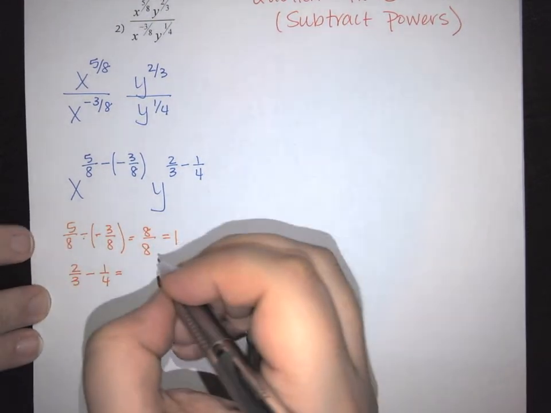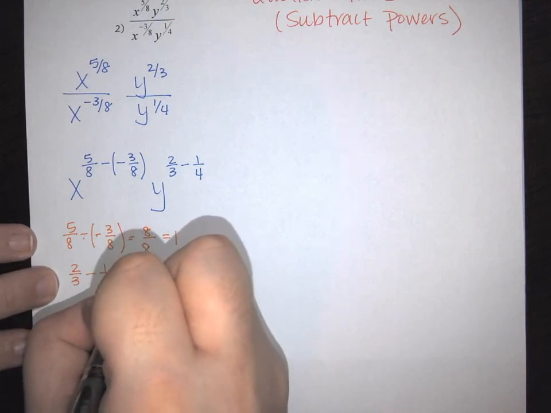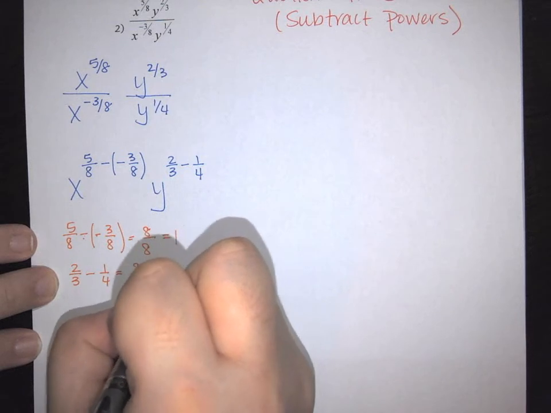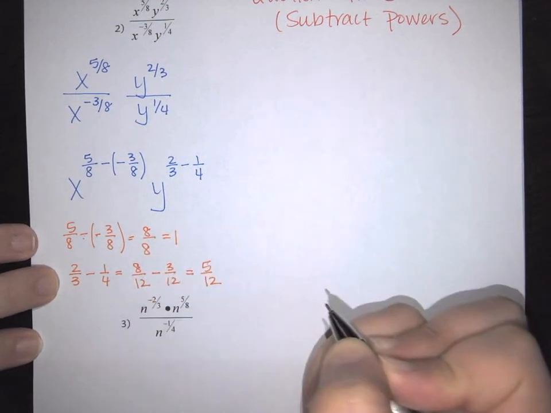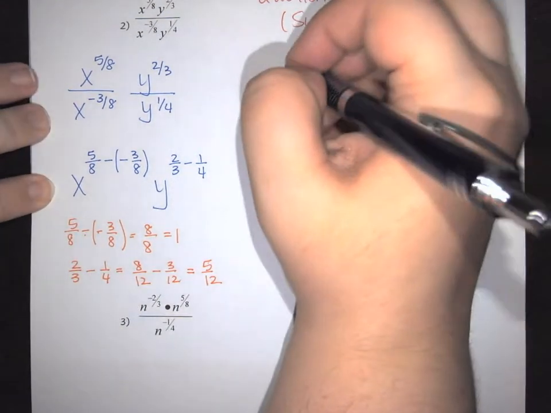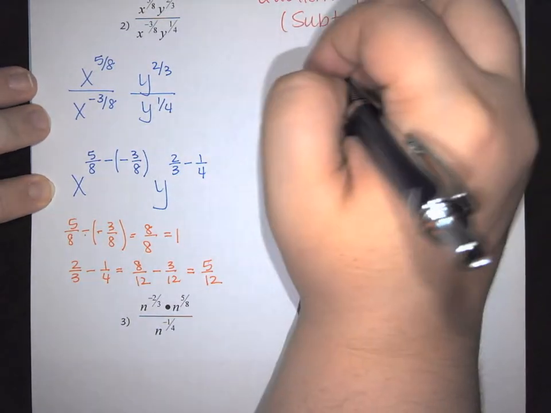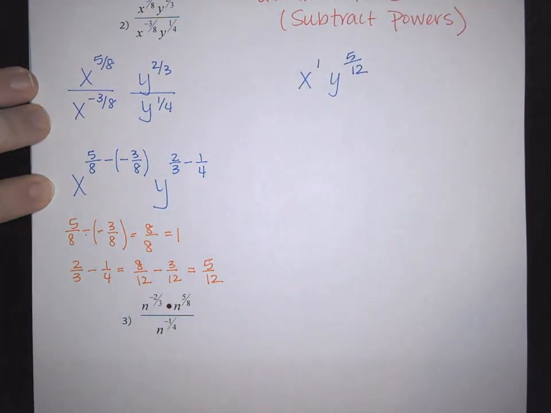I need a common denominator, which is 12. And so this is going to become 8 over 12 minus 3 over 12, which is going to leave me with 5 over 12. So when I rewrite my equation here, this is going to become x to the first power, y to the 5 over 12 power.